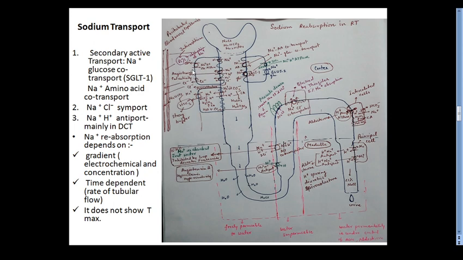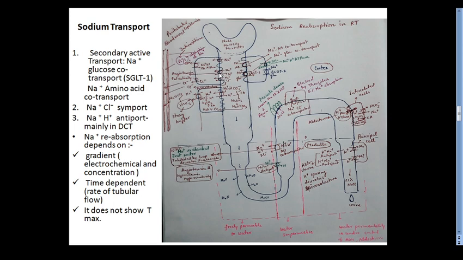So sodium potassium ATPase is continuously producing the concentration gradient and electrochemical gradient for the reabsorption of sodium ions. The sodium and hydrogen ion antiport, the sodium and amino acid co-transport, and the sodium and glucose co-transport channels, all these 3 utilize the energy in the form of the electrochemical gradient generated by the activity of the sodium potassium ATPase transporter.